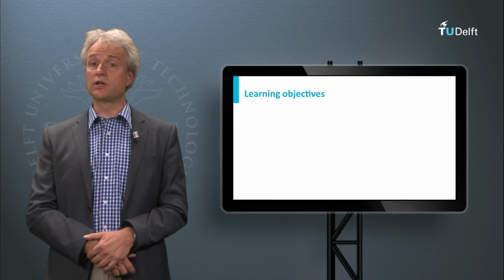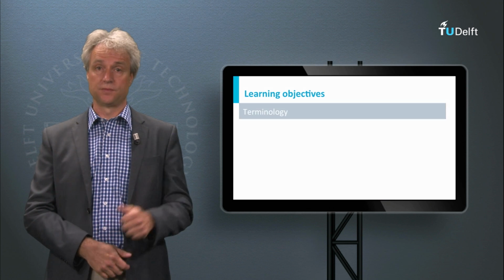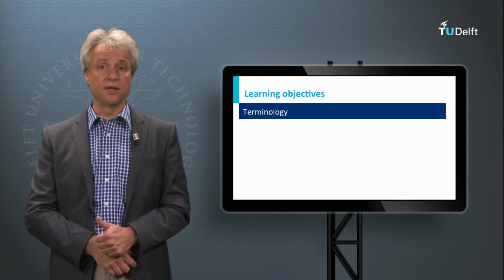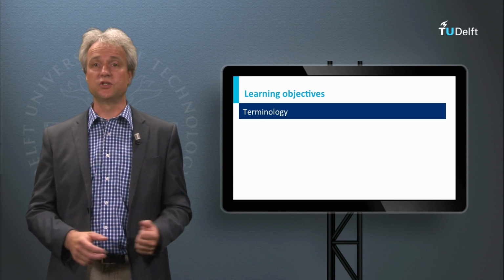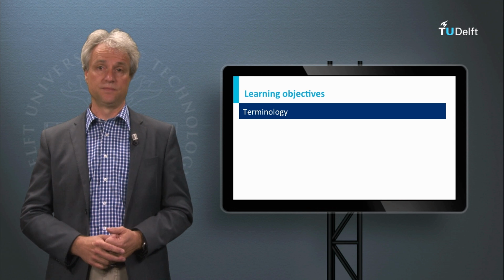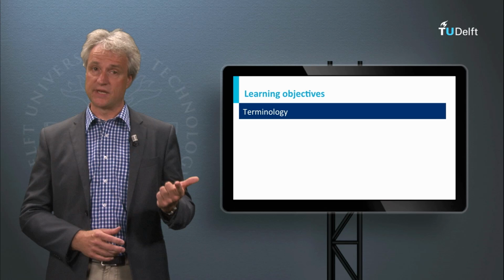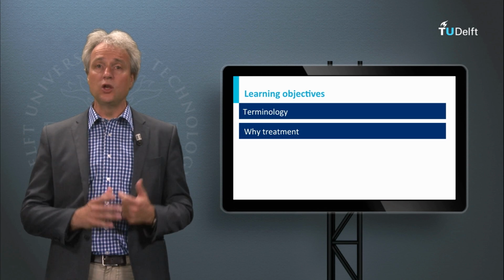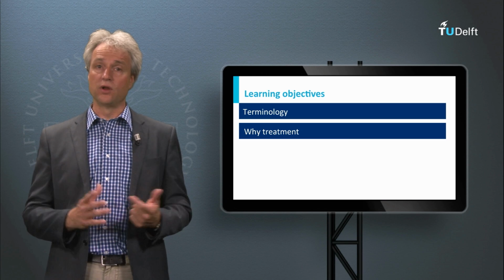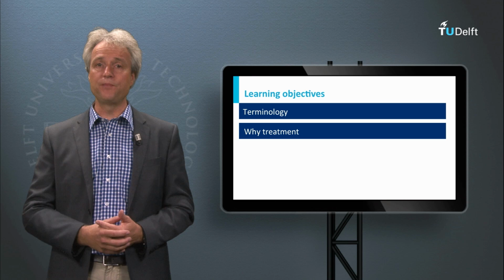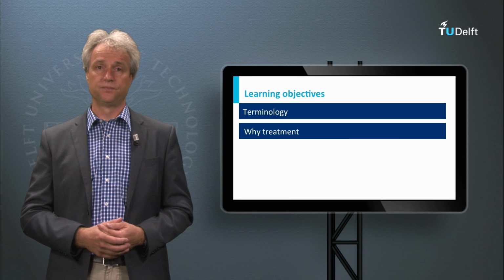In this part of our introductory course, we will specifically discuss the setup and functionality of the sewage treatment plants that are currently in operation in the Netherlands. What will we learn in the coming lectures? First, as in any disciplinary field, also wastewater treatment engineering has its typical terminology. We need to acquaint ourselves with this terminology. Second, why do we need to treat these waters? Or in other words, what is their environmental impact when they are discharged untreated?